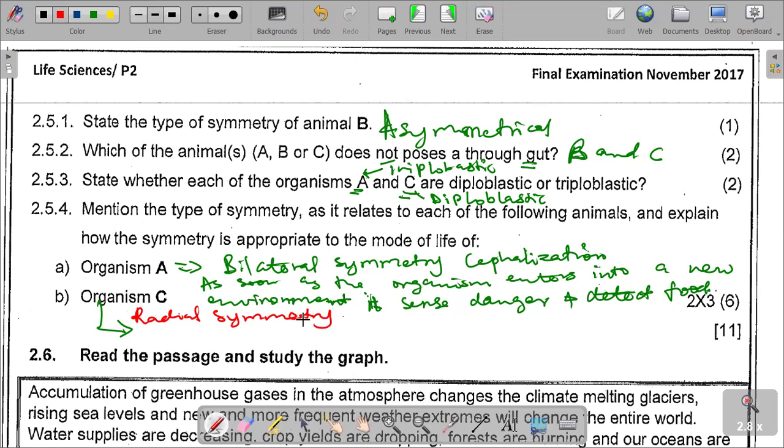It can sense food and danger equally well from all directions.